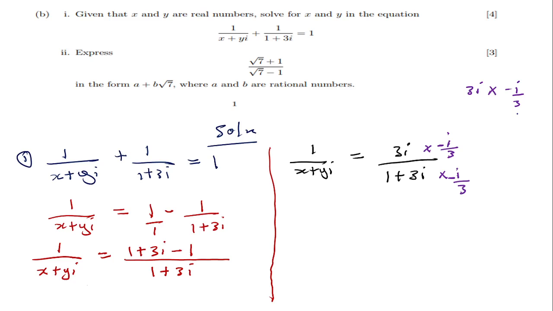This will give me 3 times -1 times -1, over 3, which is 3 over 3, and this will simply give me 1. And that one is the one on the other side.